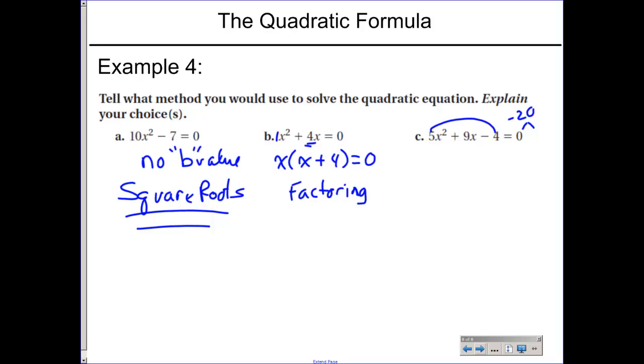So this is really non-factorable. The middle term is not even. The first term is not a 1, so you probably want to avoid using completing the square. And the fact that you simply have a middle term, you cannot use regular square roots. So the best form to solve this would be the quadratic formula.